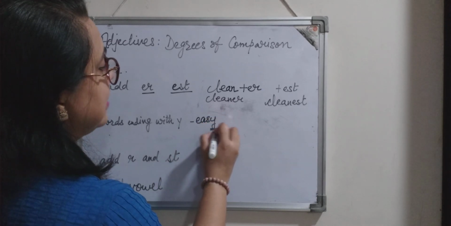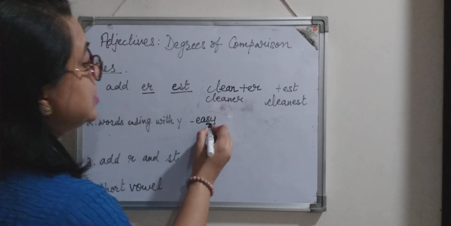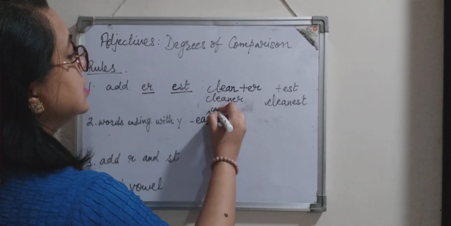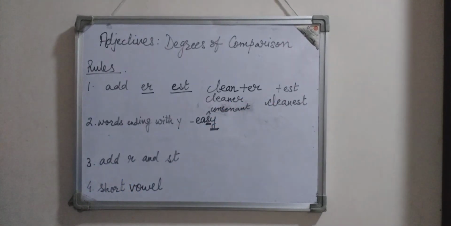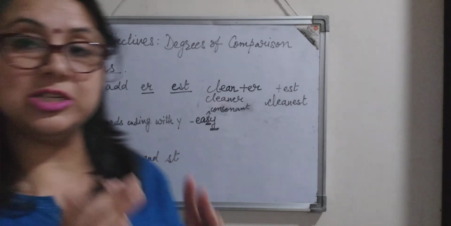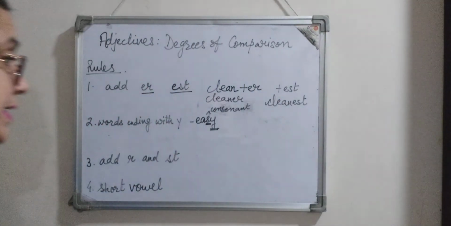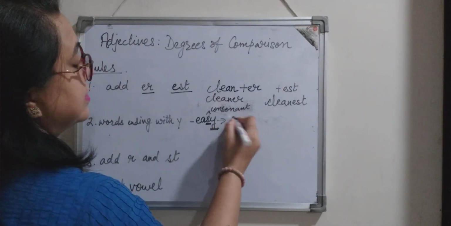So the last alphabet is Y, which is preceded by a consonant. So here we have a consonant. In that case, when the word easy changes to comparative and superlative degree, this Y will change into I, right?